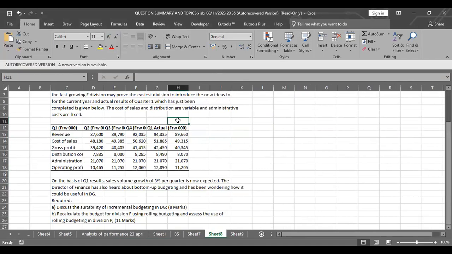Remember, this one is actual. If I put the name here, this is actual. All these others are budgets, from Q1 to the rest. I think I put this one here on the wrong side.